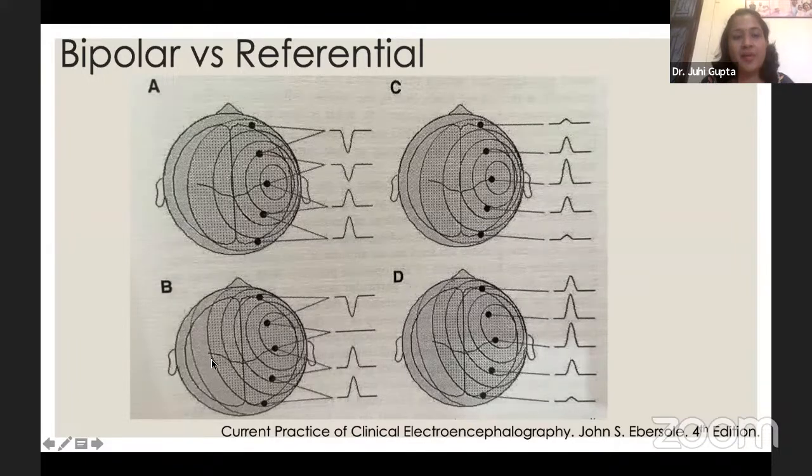Similarly, if you have a broader field and two electrodes are covered within the same field, the channel between them may not show any deflection, because you are subtracting the EEG potentials, while the channels above and below show an upward and a downward deflection. In an average reference or referential montage, those two channels may show similar amplitude spikes. This means you are dealing with a broader EEG field.